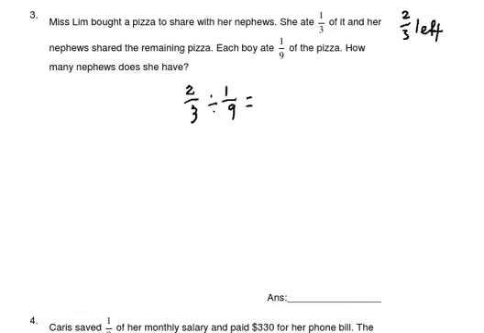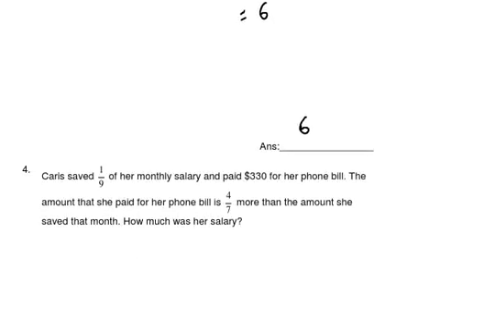Okay, if it's 2/3 divided by 1/9. Sky, tell me, what's next? 2/3 multiplied by 9/1 because you need to keep, change, and flip, right? Okay, so I can reduce my 3 to become 1, reduce my 9 to become 3. So 2 times 3 equals to 6. So how many nephews does she have? 6 nephews. Okay. So let's move on to the next question.